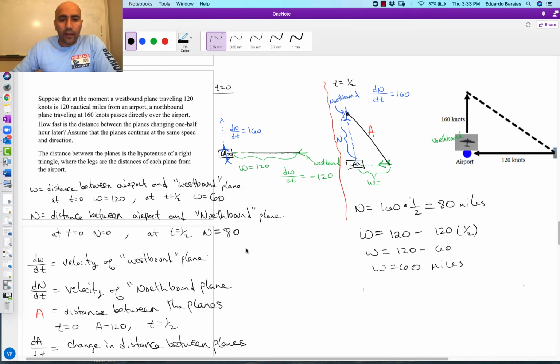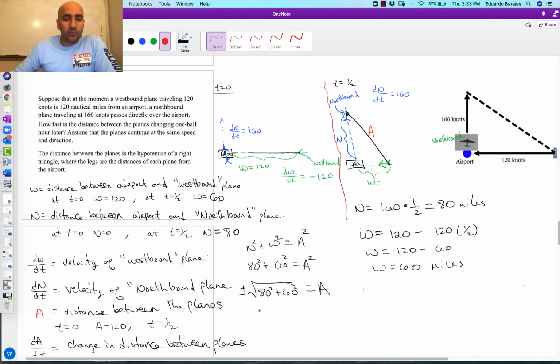We could use the Pythagorean theorem: N squared plus W squared equals A squared. And we already know that the value of N is equal to 80. So 80 squared plus 60 squared must be equal to A squared. So the square root, and it's plus or minus when we take the square root, of 80 squared plus 60 squared must be equal to A. And of course, we get to ignore the negative.